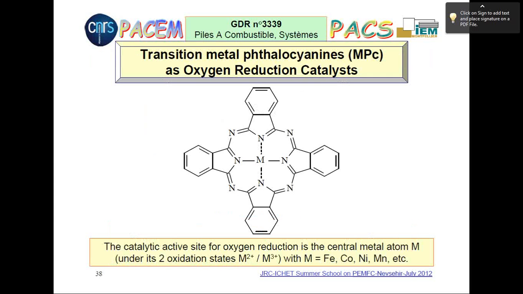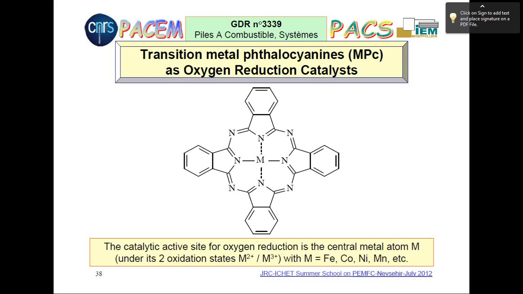Okay. And people were looking for other catalysts, macrocycles. We have a transition metal here with 2 oxidation states, and this can be a catalyst for oxygen reduction. It looks like in our body with hemoglobin when we reduce oxygen in our body.